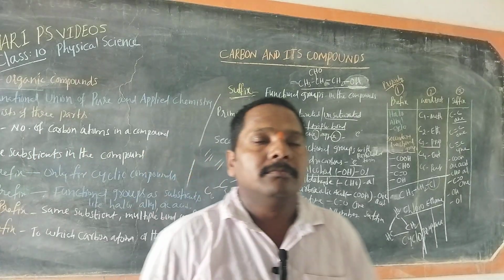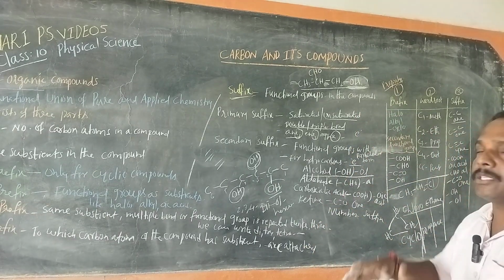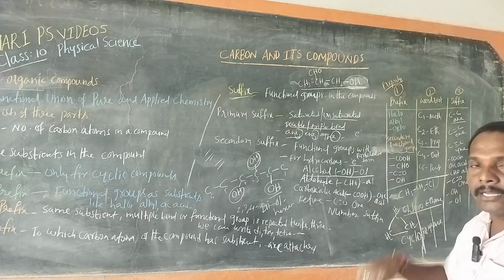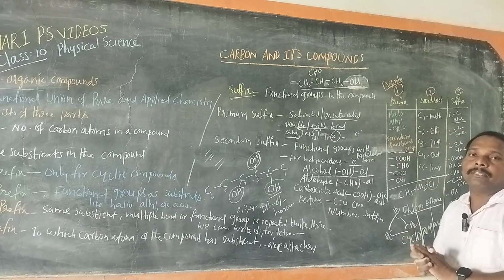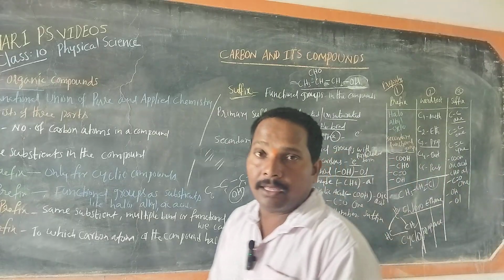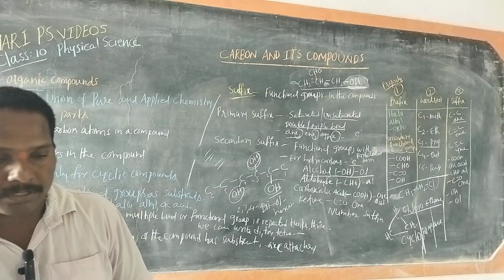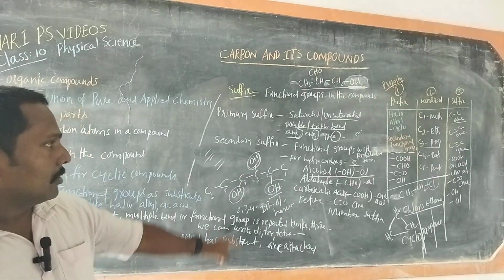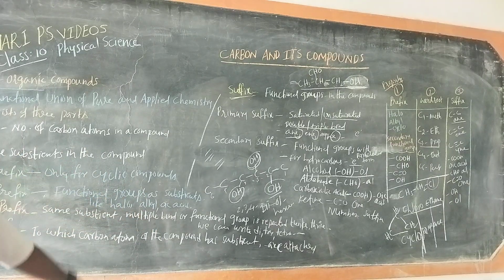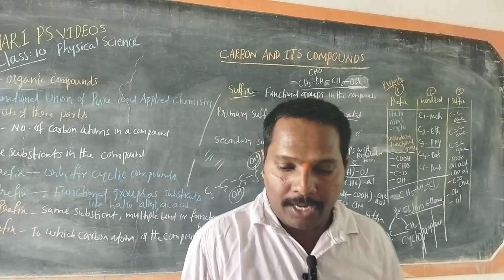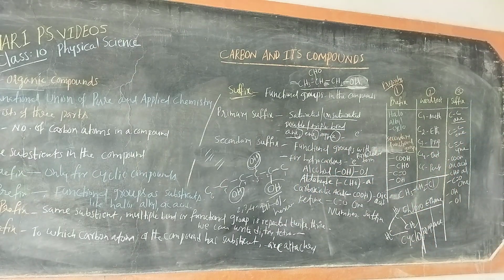Based on substituents, functional groups, saturation and unsaturation, we have to give the names for the organic compounds. Keep in mind we haven't discussed any rules yet; we are just taking the parts of a name.